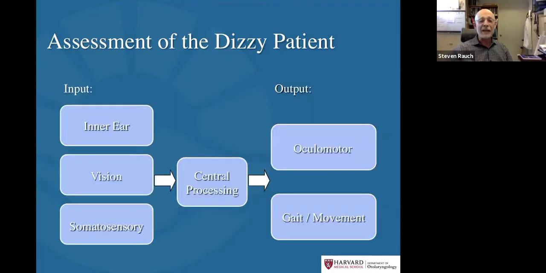The only nod toward anatomy and physiology that I'm going to give you is this one block diagram of the vestibular system. It's to remind you that the sense of balance is different from all the other senses in that each of our other senses has only a single input.